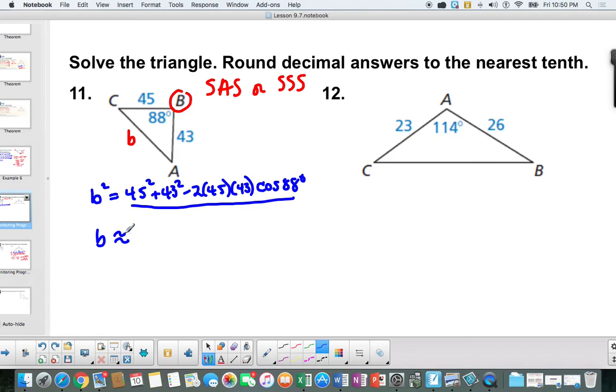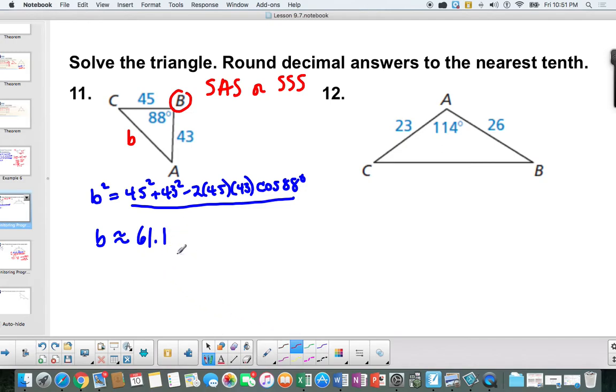So just put it in the calculator. Okay, and I'm getting B to be 61.1.